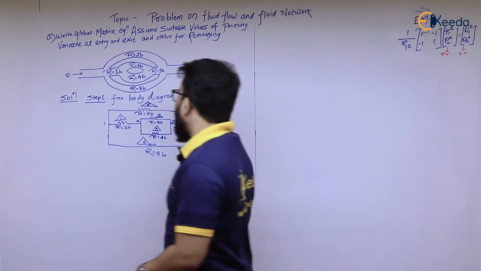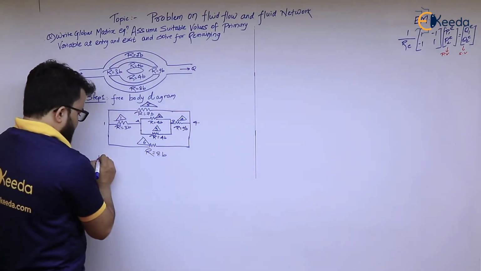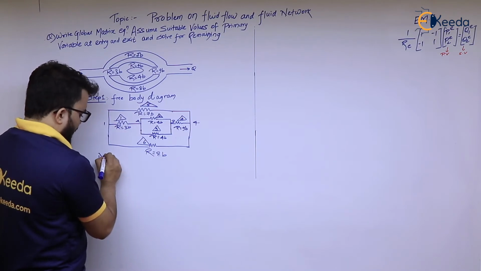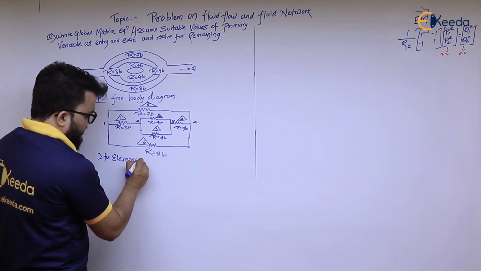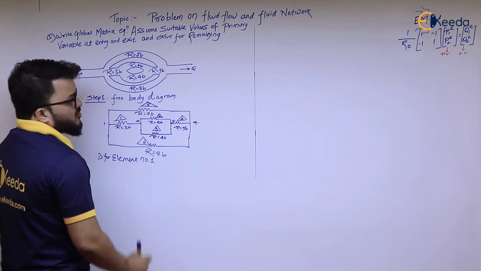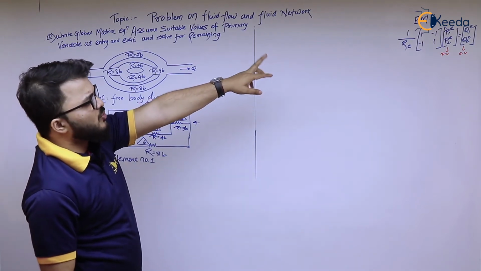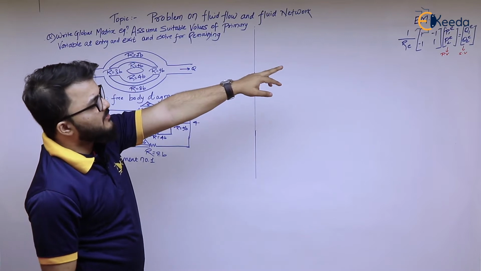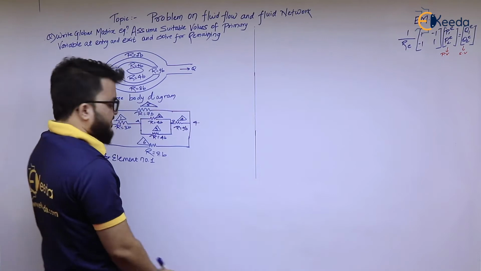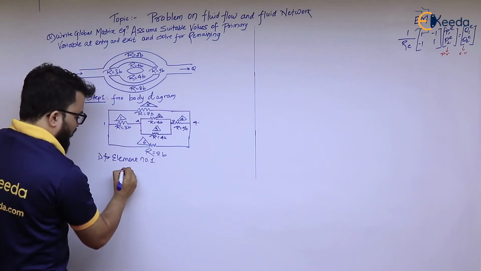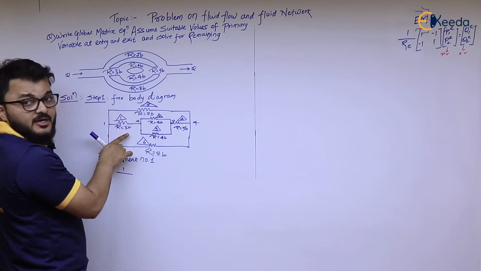So let's start with the element matrix equation. For element number 1, my element matrix equation is 1 upon Re into [1 -1; -1 1] times [P1, P2] equals [Q1, Q2]. Let us put all the values in this equation.